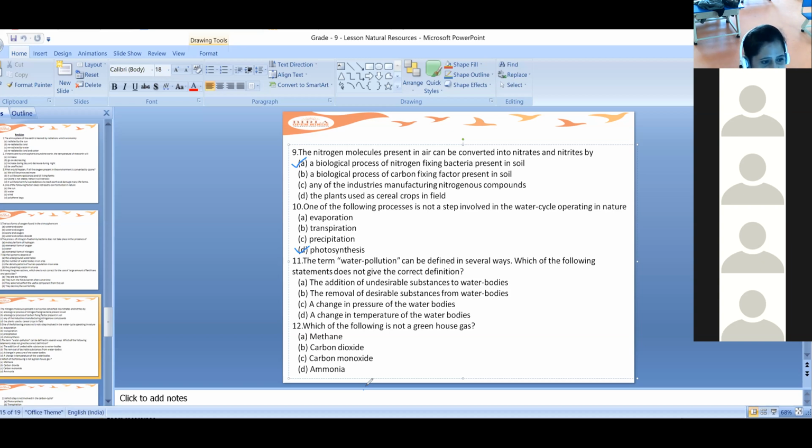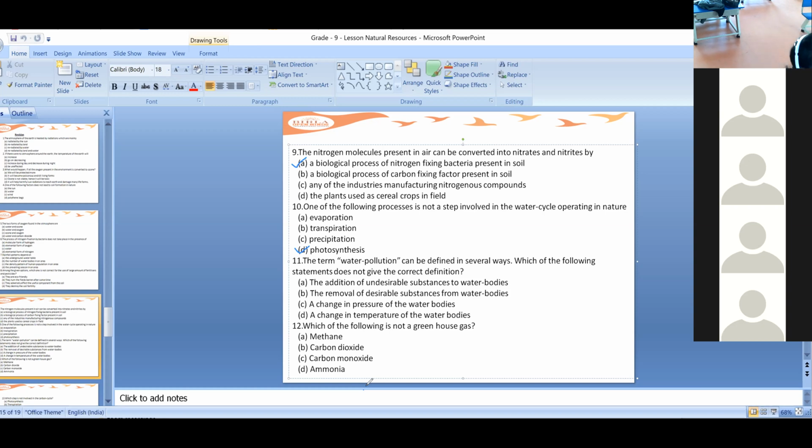Waste materials we are adding to water. Is this the correct statement? The removal of desirable substances from water bodies. Or a change in pressure of water bodies, or a change in temperature of water bodies.